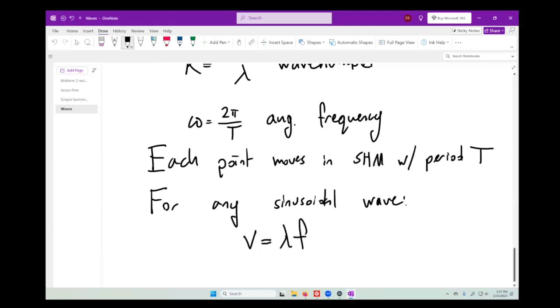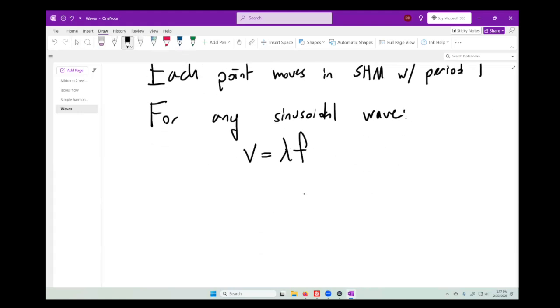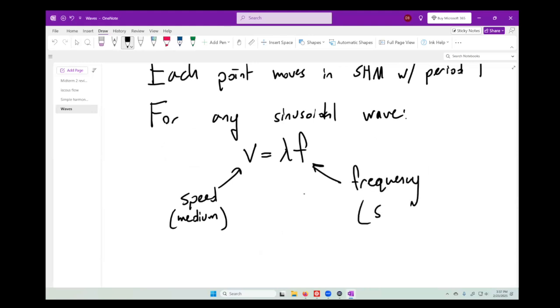The wave speed is equal to the wavelength times the frequency. So this is the wave speed, which is set by the medium. The frequency is set by the source that's generating the wave. And then lambda depends on both those things.